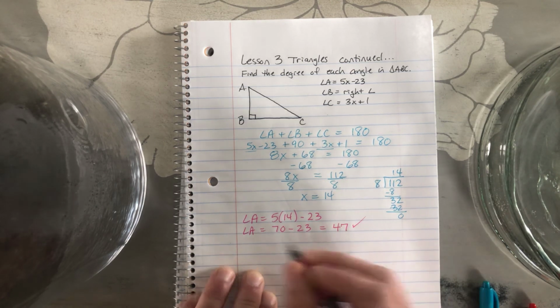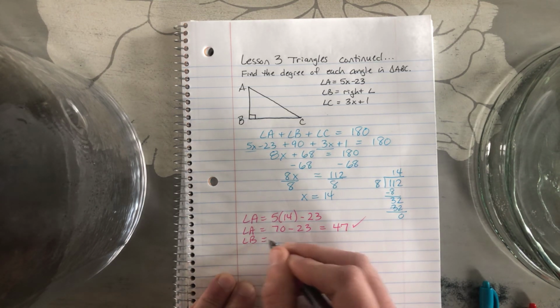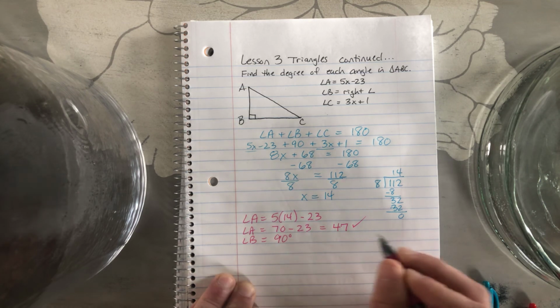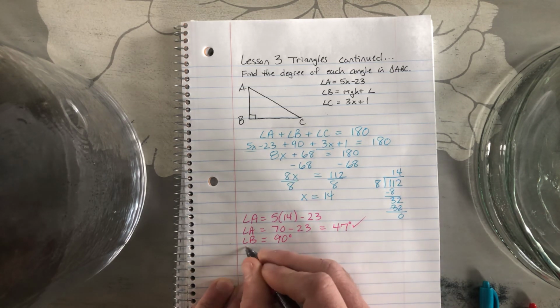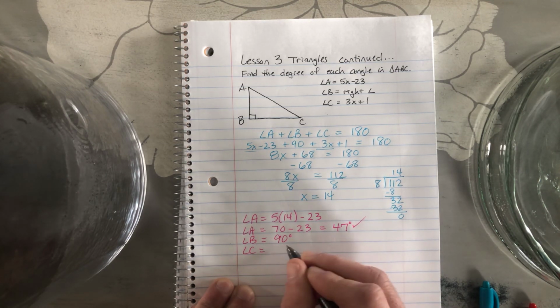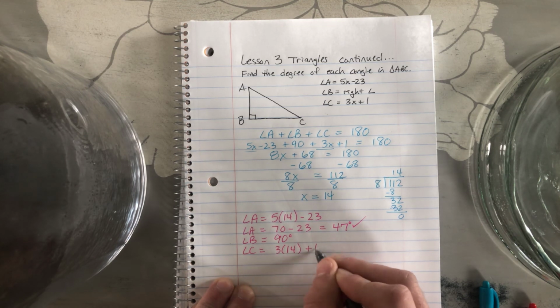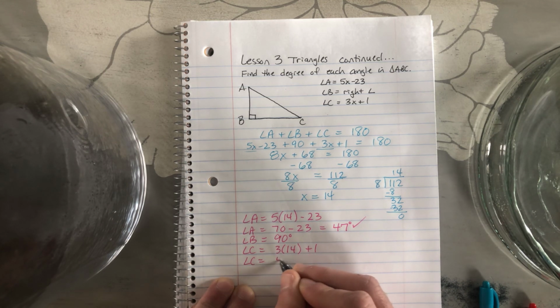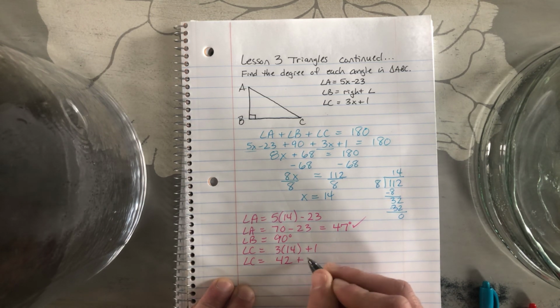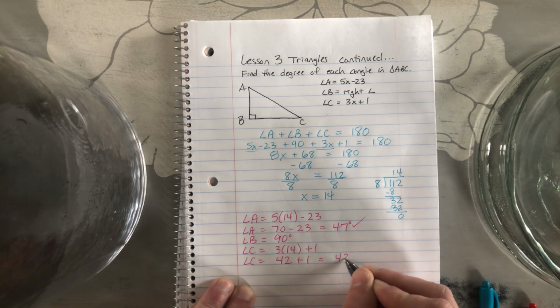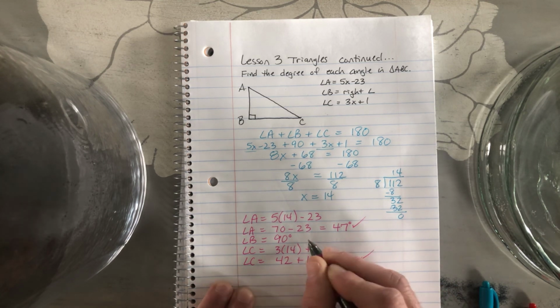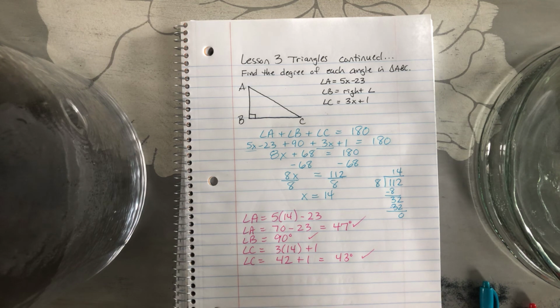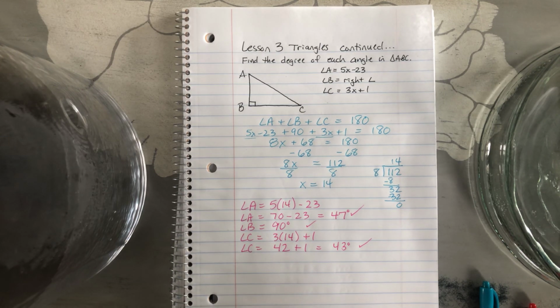So there's angle A. Angle B is given as a right angle, so that one's 90 degrees. And angle C, we'll use the expression of 3x plus 1, so 3 times 14 plus 1. 3 times 14 is 42 plus 1, 43 degrees. There's our three angle measurements for that one there.